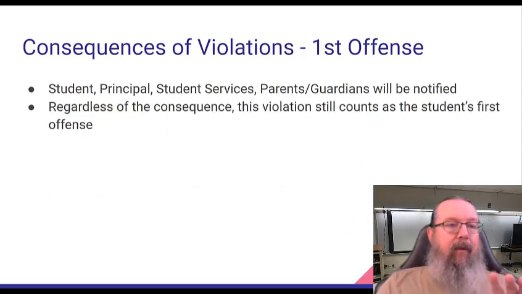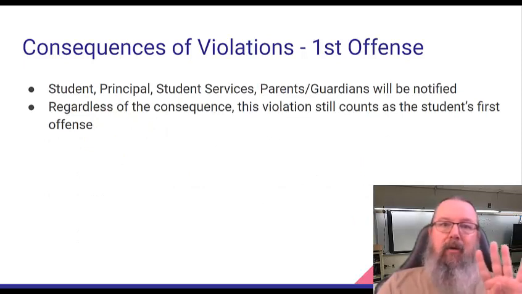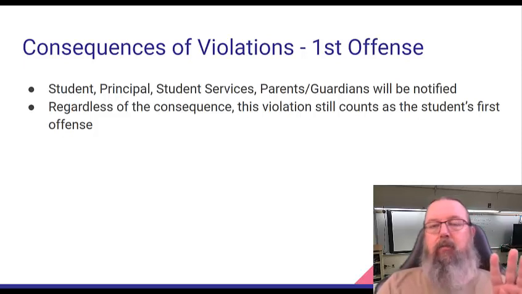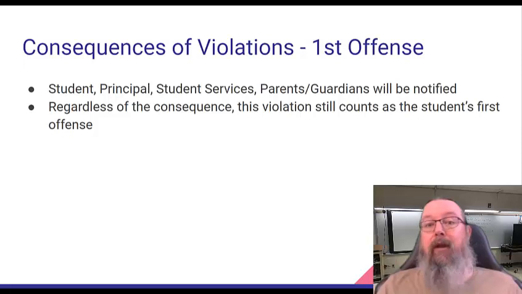But whatever happens, the student, the principal, student services, and the parents of this child will be notified of the infraction and will be notified of what happens, regardless of the consequences, even if the teacher allows the student to make everything up or redo the assessment and gives the student full credit for it.